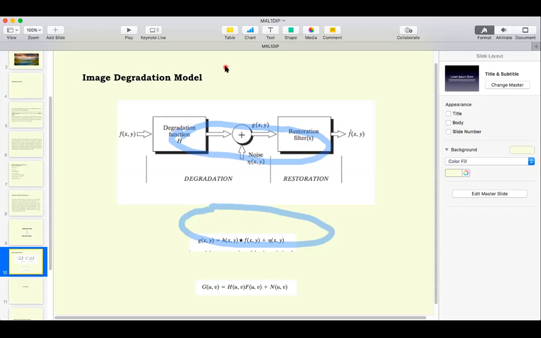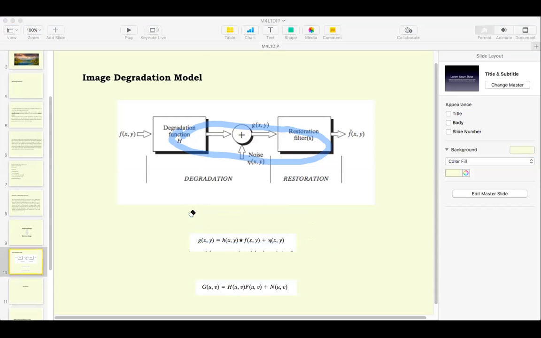Now, this is the spatial domain degradation equation. g(x,y) is the degraded image, that is equal to the degradation function convolved with the original image plus additive noise.